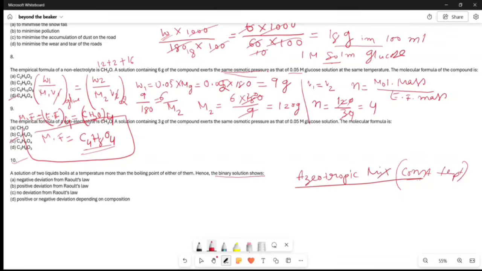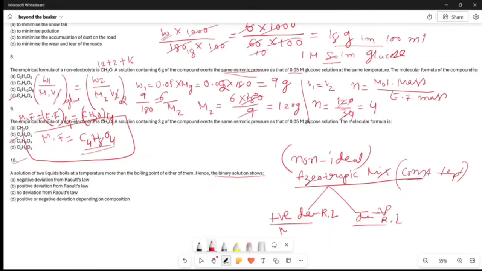In non-ideal solutions, you have two types: non-ideal solution showing positive deviation from Raoult's law and non-ideal solution showing negative deviation from Raoult's law. If two liquid mixtures show positive deviation from Raoult's law, they form minimum boiling azeotropes.